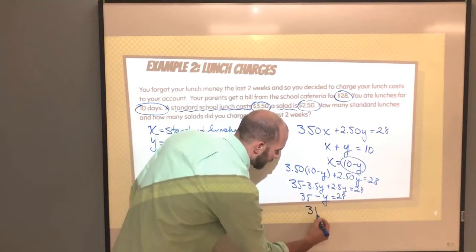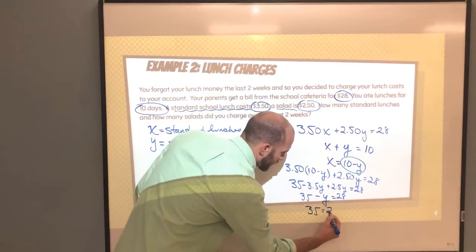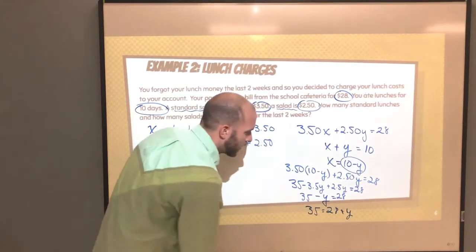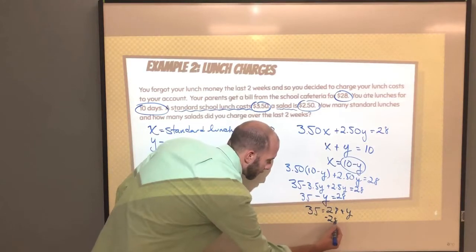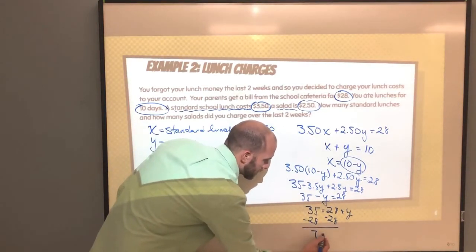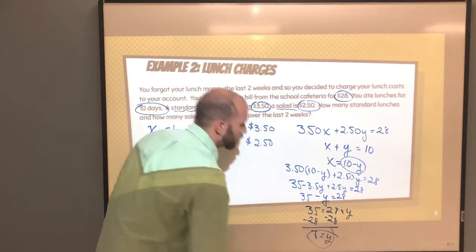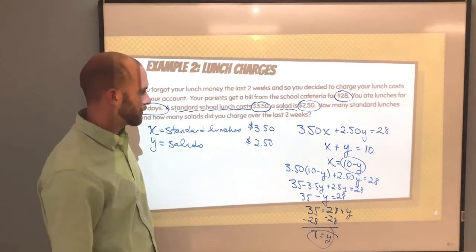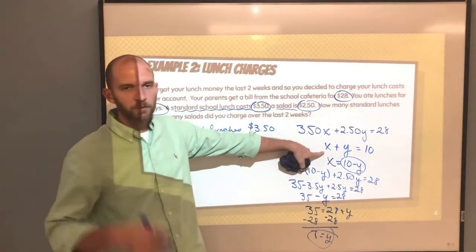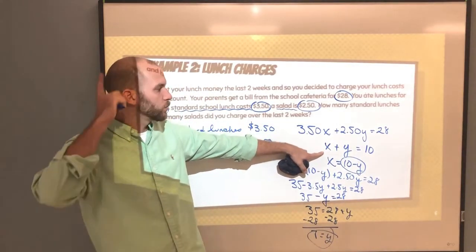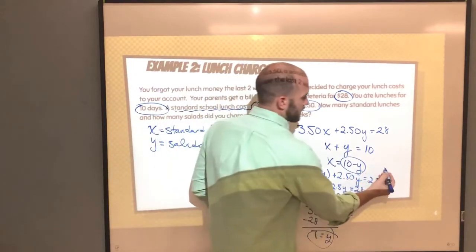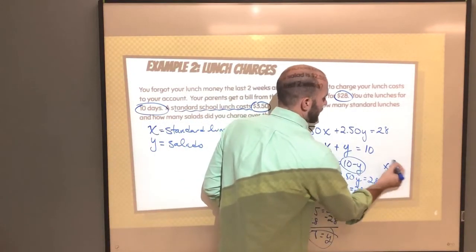So 35 equals 28 plus Y. We subtract 28. That leaves us with 7 equals Y. Well, if Y is 7, what's X have to be? Without even substituting this back in, we know in our head, 3 plus 7 will give us 10, right? So that means that X has to be 3.